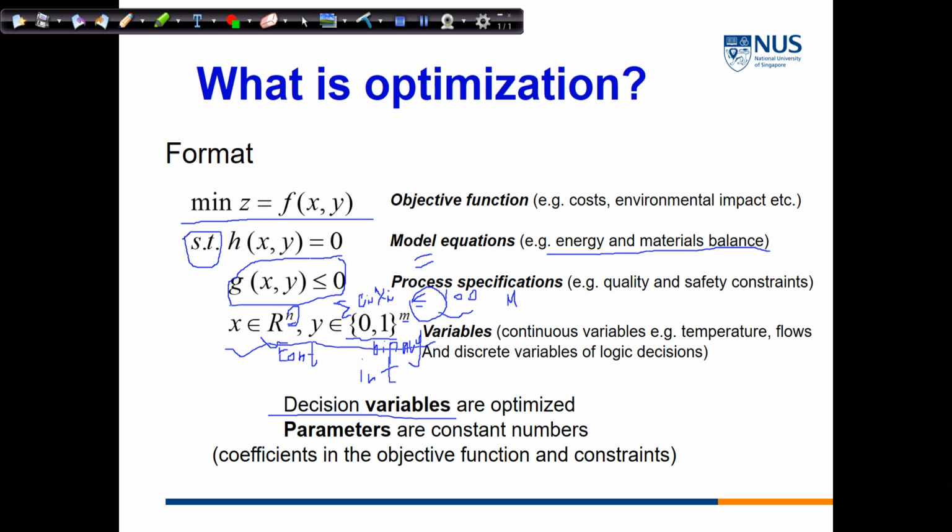So it's coefficients or parameters. But the XI here, the units you will buy, are unknown, but to be determined from the optimization. So they are the decision variables. Okay, so this is a concept we need to keep in mind for optimization. Think about this.